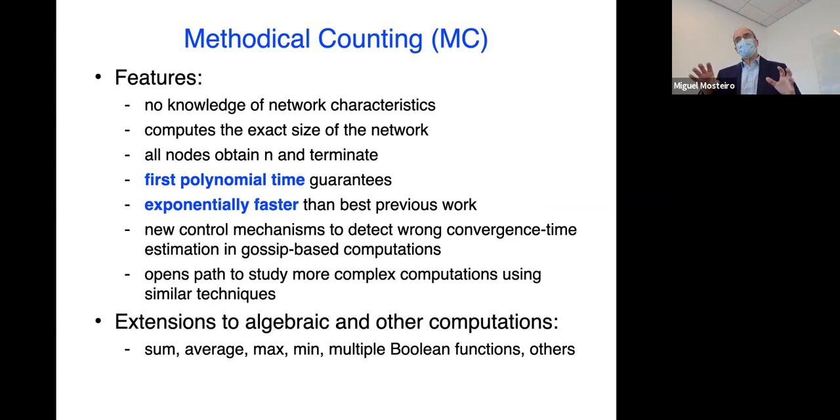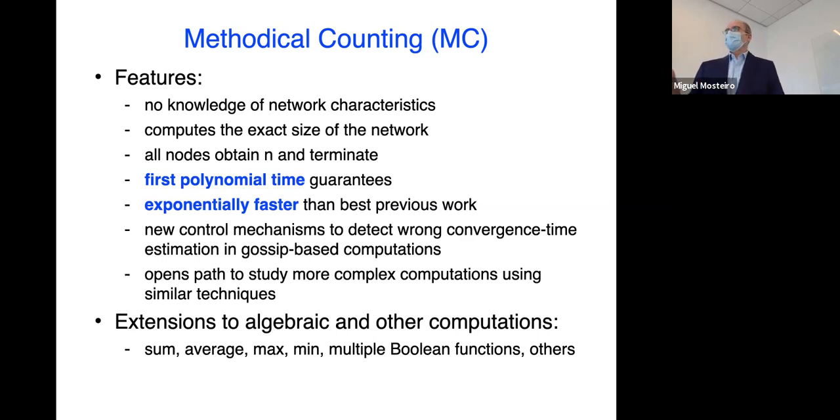The algorithm basically is gossip-based, meaning nodes iteratively share fractions of some value that we call potential, until they reach convergence. This is a technique that is used a lot in distributed computing because it's a very reliable method of computing.